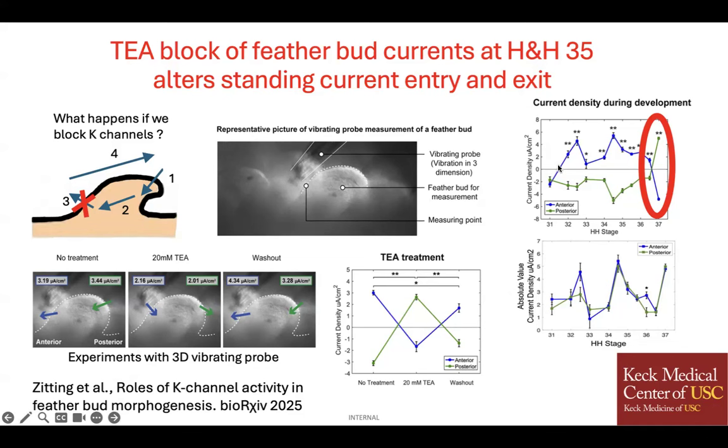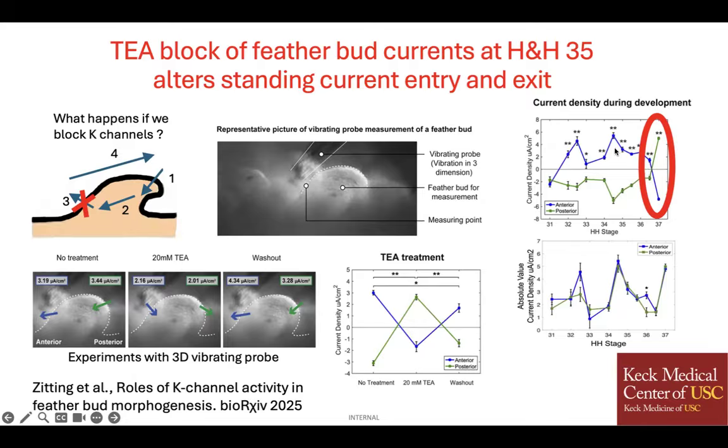It looks very similar to what was recorded previously by Min Zhao's group, although in this case, there is a dip in the outward current here in the middle of this period when the current is flowing outward. And it's paralleled by a dip also in current flowing in the posterior.